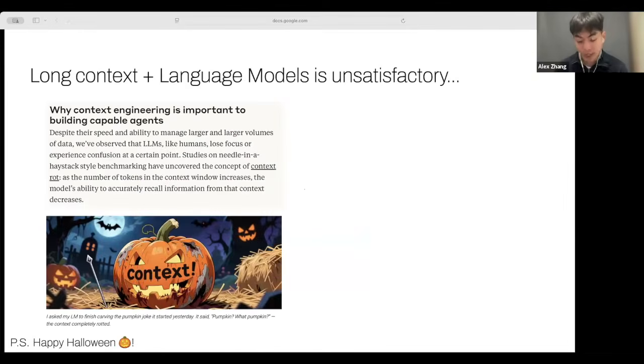But anyway, I think the way this blog post started, with a timely Halloween themed joke, is that language model research for long context tasks is kind of unsatisfactory. We've had a few really important papers like Ruler and some other ones that talk about how language models deal with long context stuff.